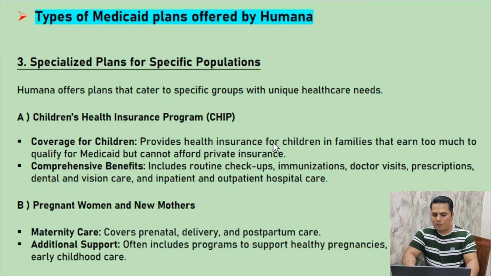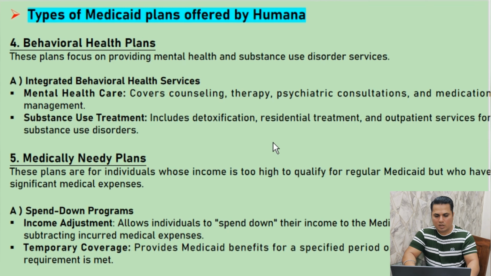Additional support often includes programs to support healthy pregnancy, breastfeeding, and early childhood care. Number four, behavioral health plans. These plans focus on providing mental health and substance use disorder services. A. Integrated behavioral health services.